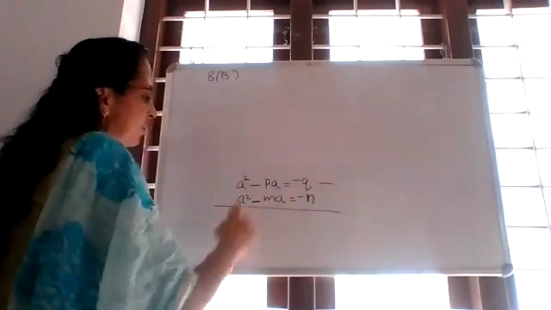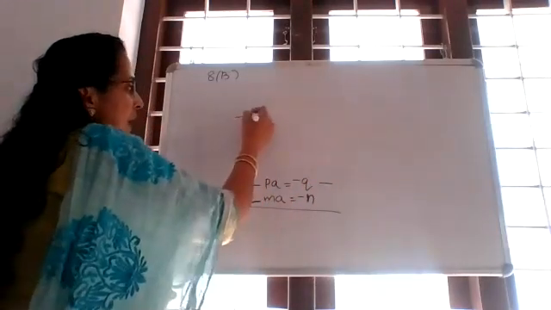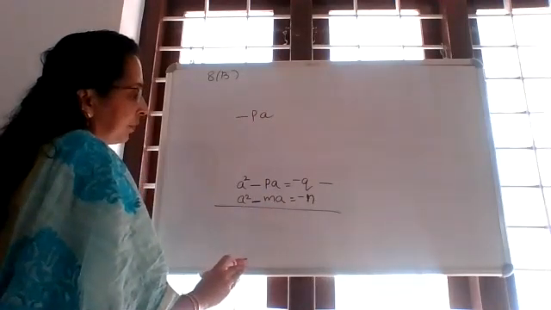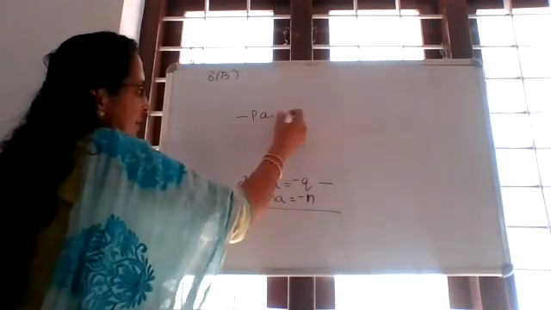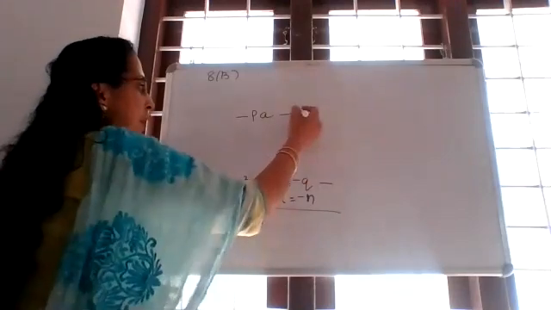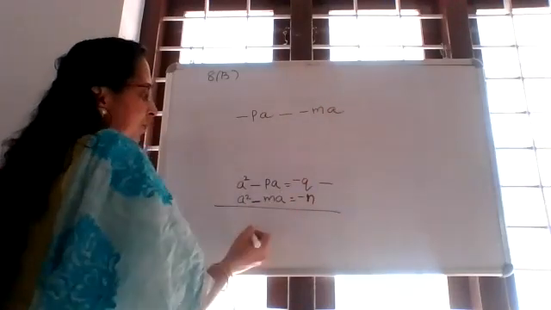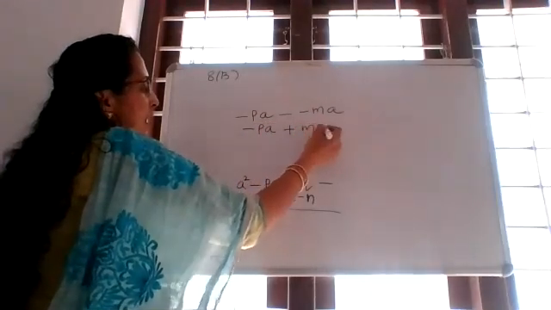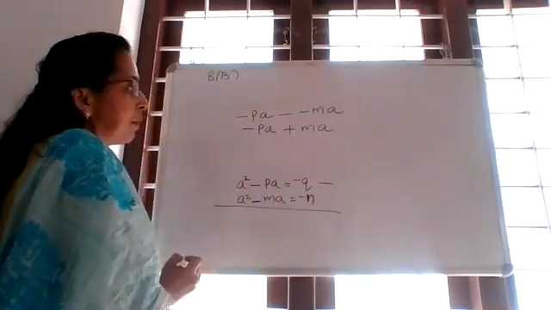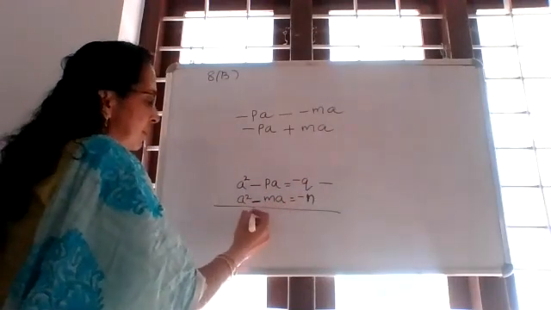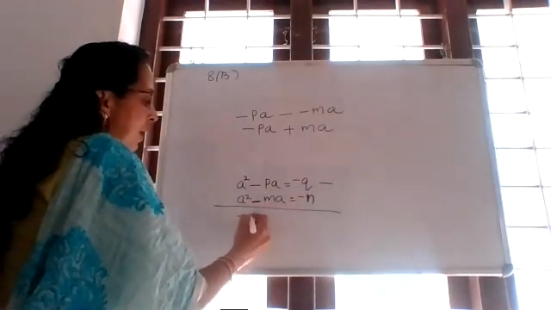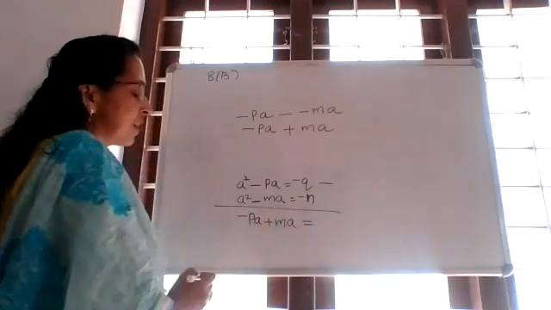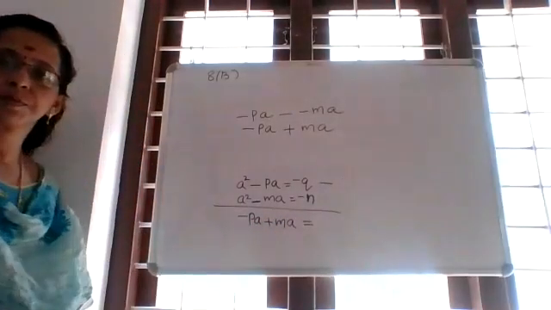The next term is minus pa, and then minus minus ma, which together is plus ma. So we can write minus pa plus ma on the left side. Up to this, clear? Got it?